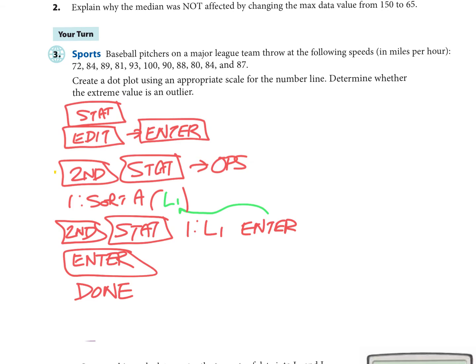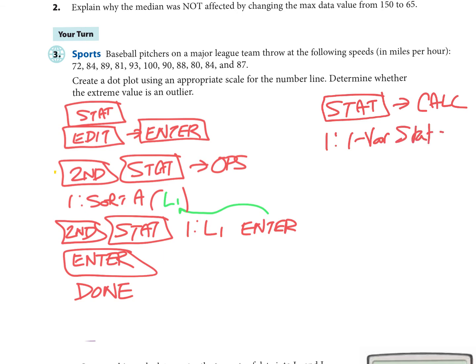Okay. Now, what we did before on the calculator is we used some individual calculation things, but we're going to do something a little different this time. What I want us to do this time is press the Stat button, and we're going to go right arrow over to Calculate, Calc, and we're going to select number 1, variable stats.